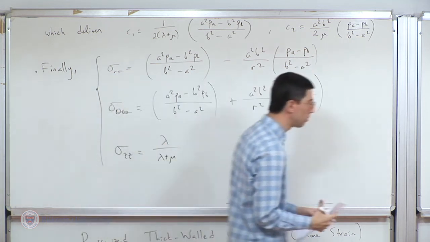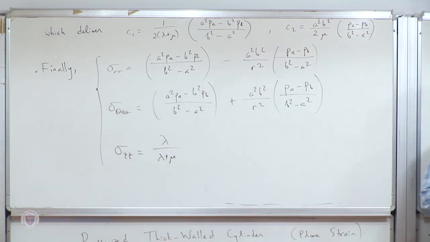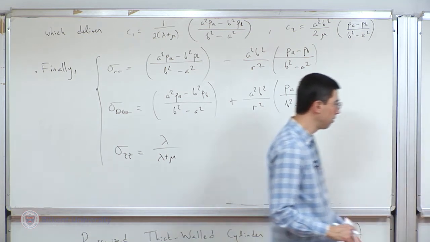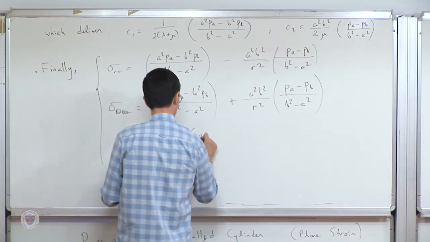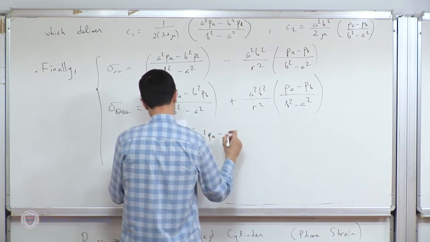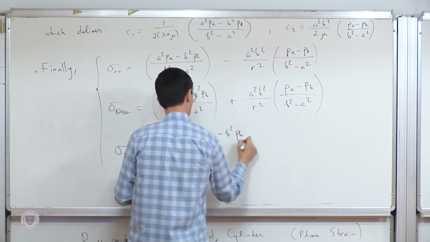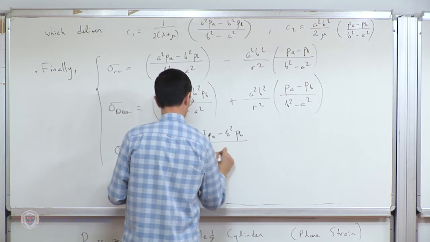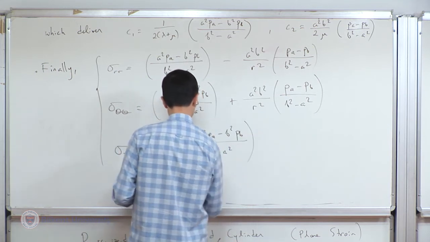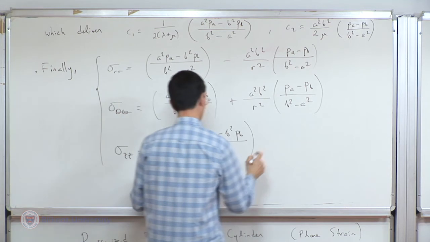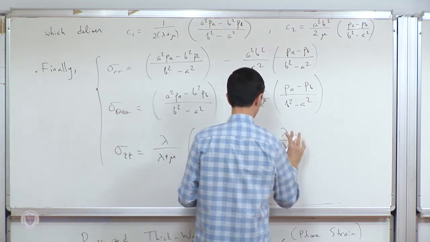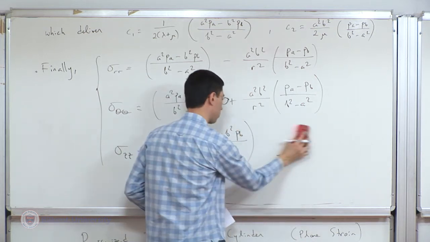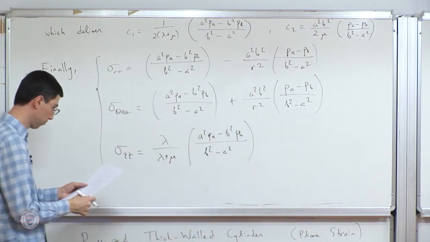I'm evaluating this directly from that expression, right? This is sigma zz. I'm plugging the solution in there. I'm just writing whatever the result is. Better pause for a second. Okay.